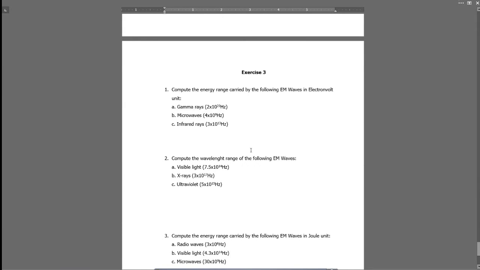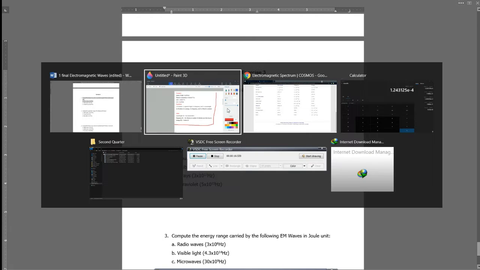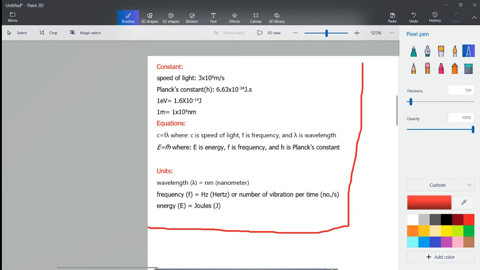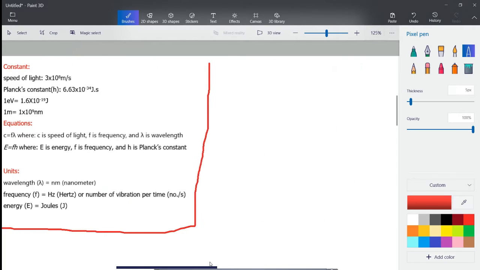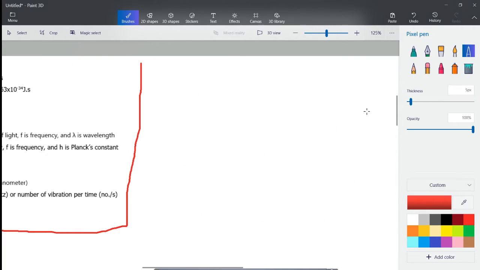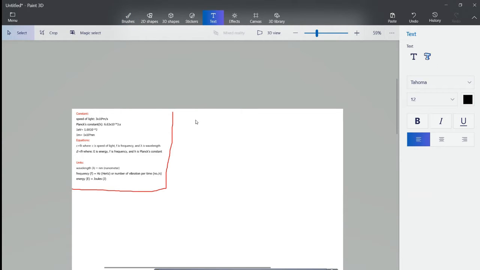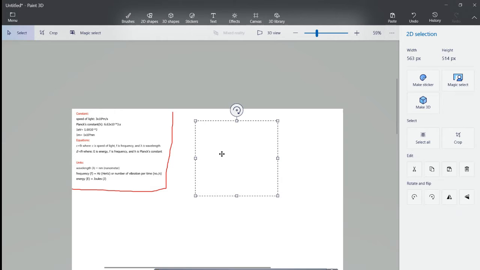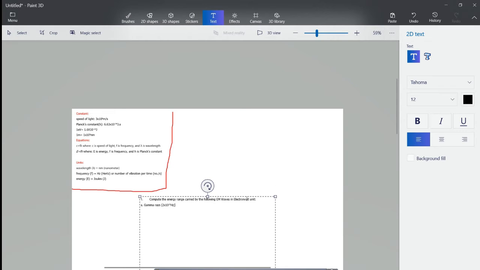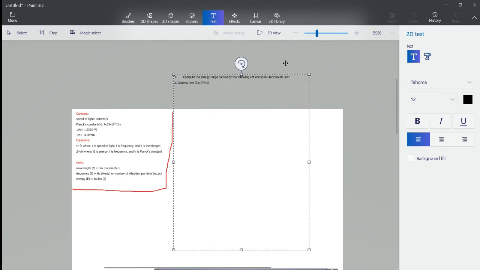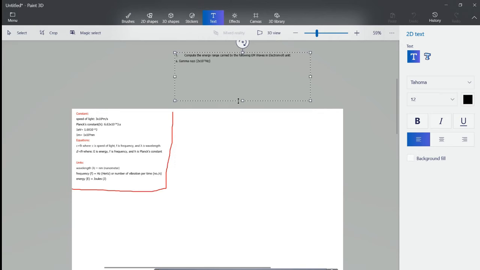So first let's have a problem. The problem is: compute the energy range. Okay, let's copy and paste this problem. Let's have some text right here and paste the problem.